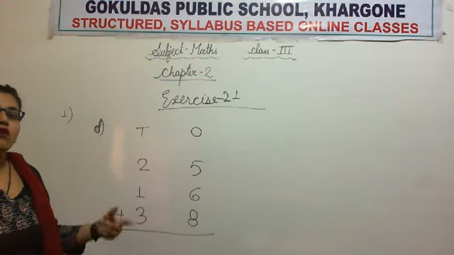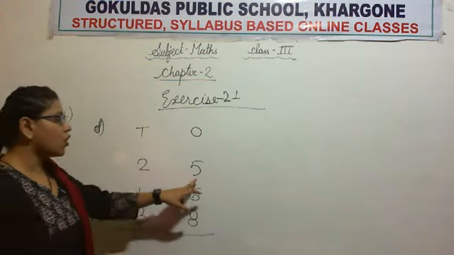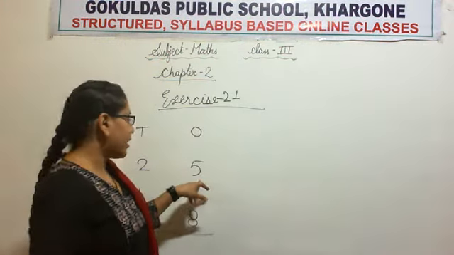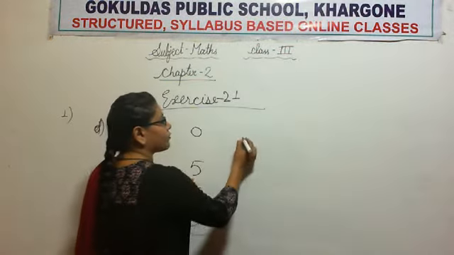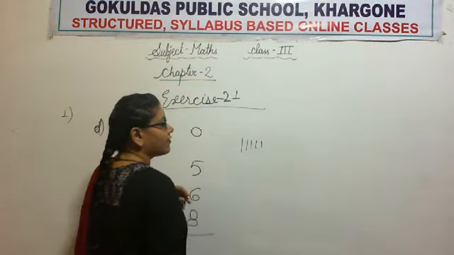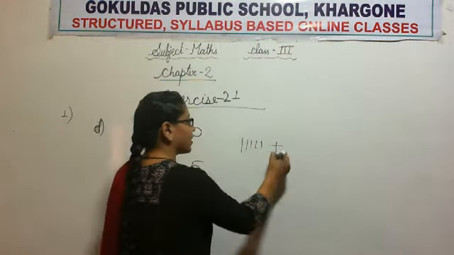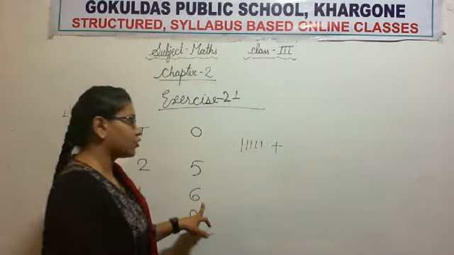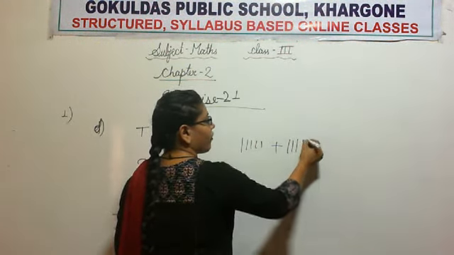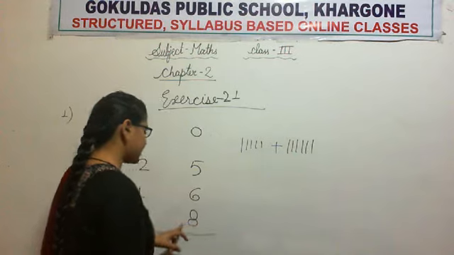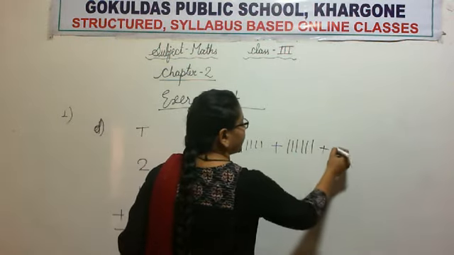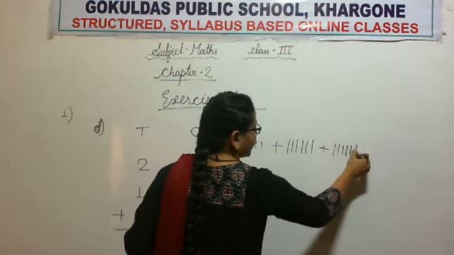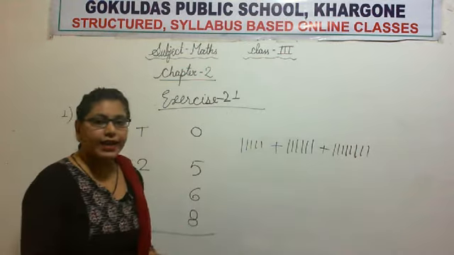So first of all we will add ones and ones. The very first number written below ones is 5. So we will draw 5 sticks. Then the next number is 6. So we will draw 1, 2, 3, 4, 5 and 6 sticks. The next number is 8. So 1, 2, 3, 4, 5, 6, 7 and 8. We will draw 8 sticks.